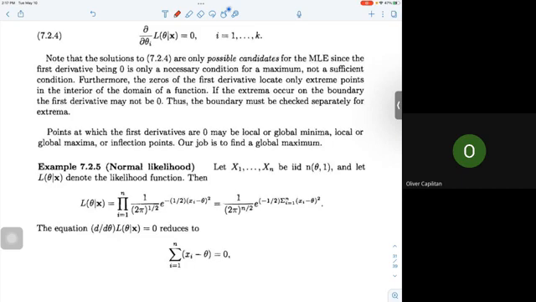So these critical points could either be a local maximum, a local minimum, or an inflection point. But if we evaluate it on the boundary of our interval, then we could find the global maxima as well as the global minima.